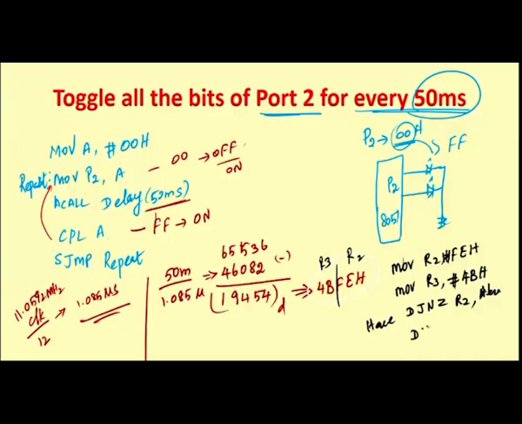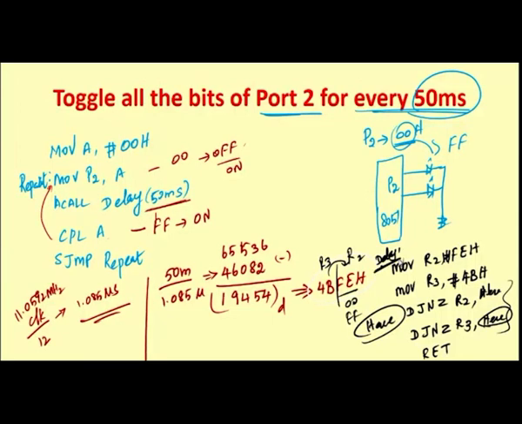Then DJNZ R3. Once the FE becomes 00, you get the borrow, then this value becomes FF, and FF will be reduced to 0. So these two lines will be repeated till both registers get 0. This is the way you can declare the delay.